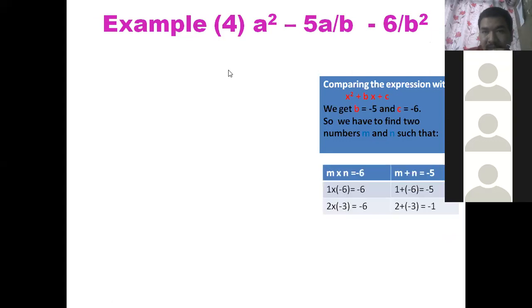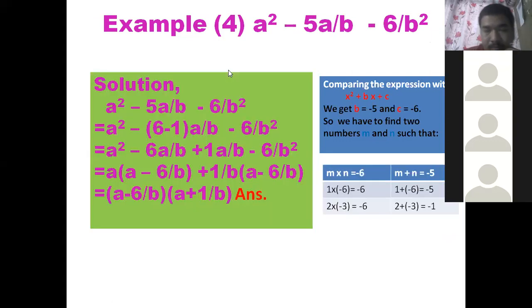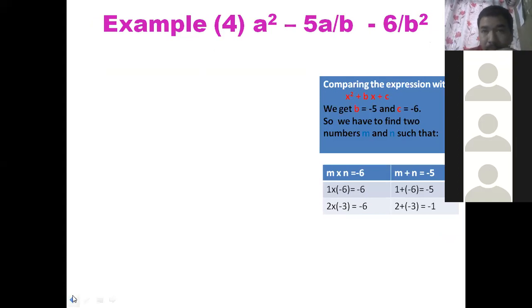Okay, sir. Here is the next example. Product must be how much? Minus 6, and sum must be minus 5. What are they? 2 into minus 3, 3 into minus 2, and 2 and minus 3.